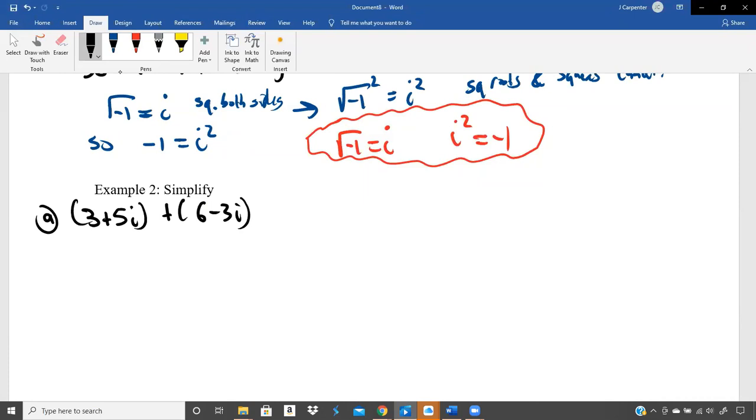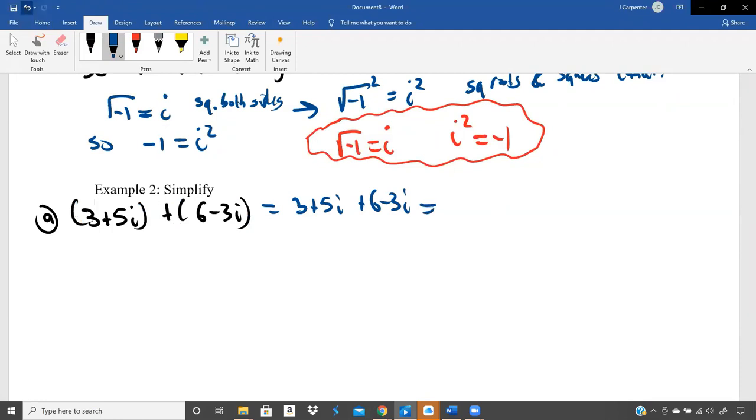Now, I've done something here that I don't really like doing personally, but I like to show the students. There's a plus sign here. Plus signs in front of another parentheses do nothing. This is literally the same as 3 plus 5i plus 6 minus 3i. There's absolutely no reason for these parentheses to be here because of this being a plus, and there not being anything in front of either of the parentheses.